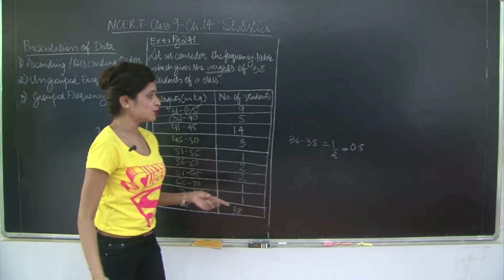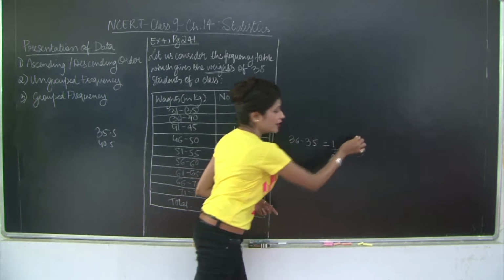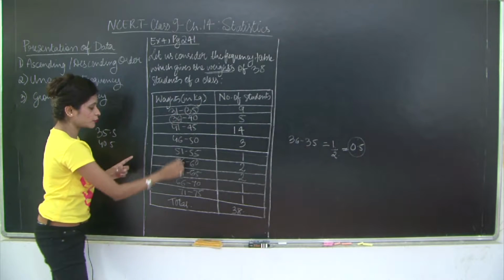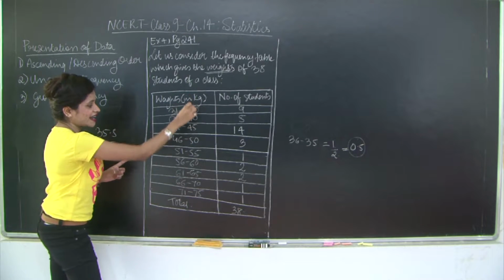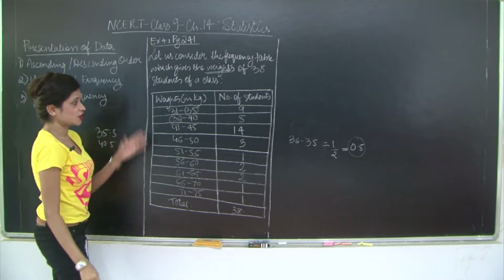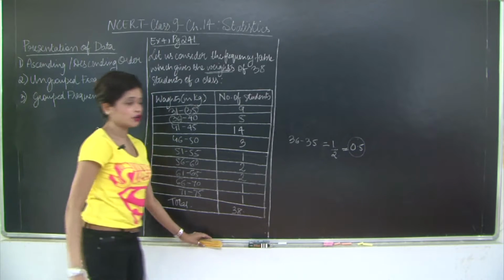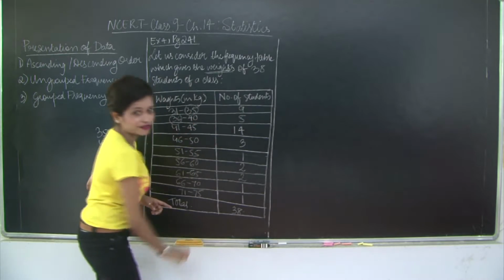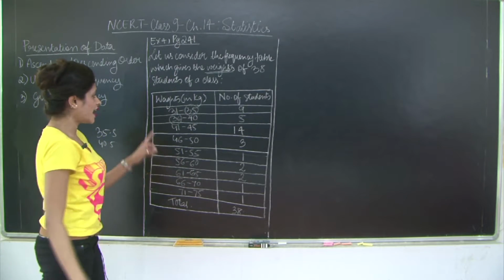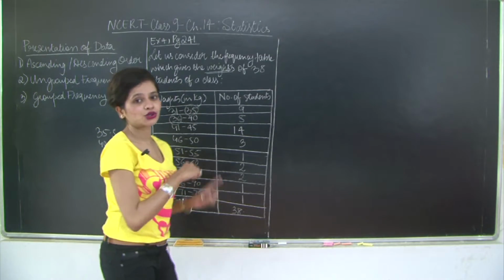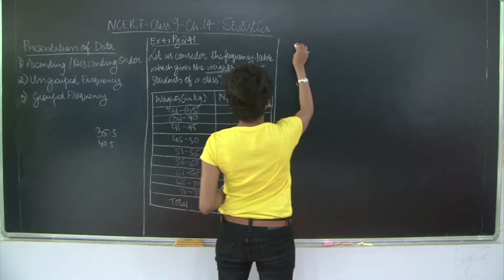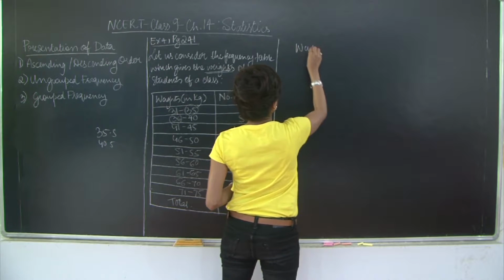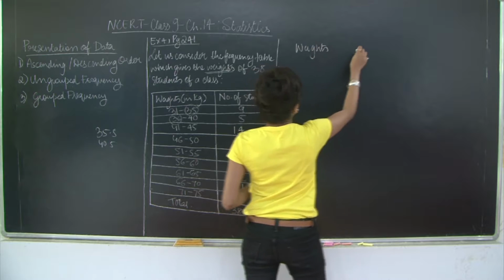And this number I am going to subtract from the lower limits of each class and add to the upper limits of each class. So what does my table look like now? My entire frequency table will get modified and I will have decimal entries. And you will notice one more thing which I will show you once the table is drawn. So let's write down weights and number of students.